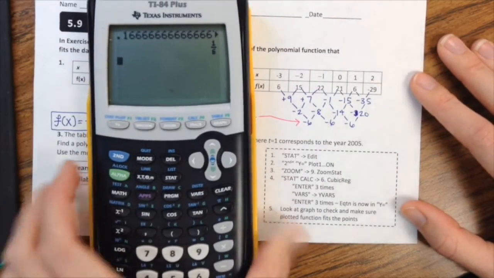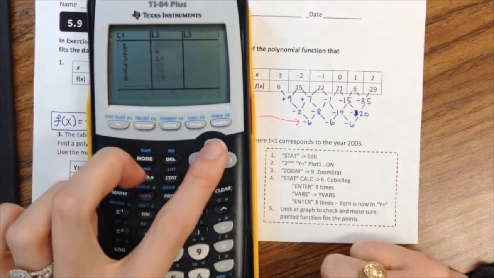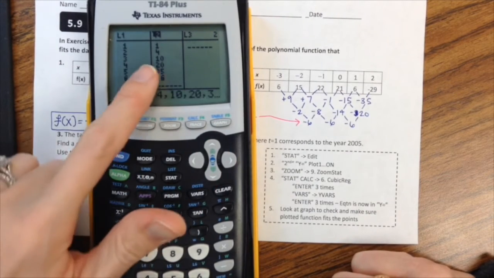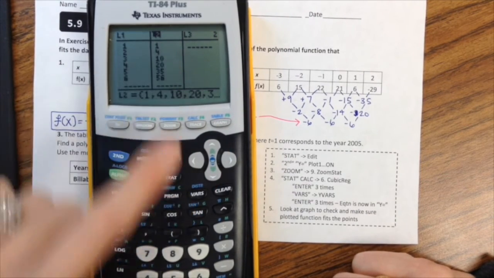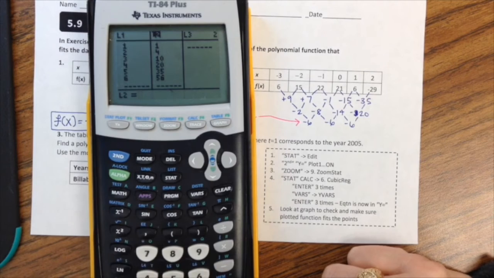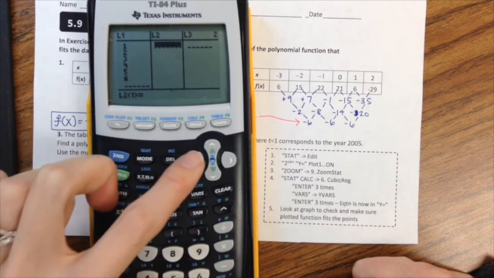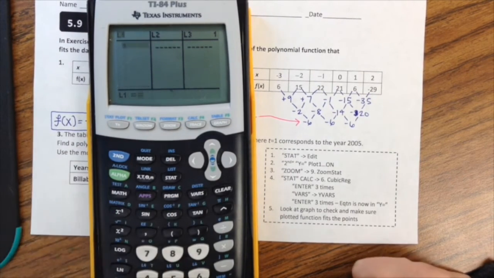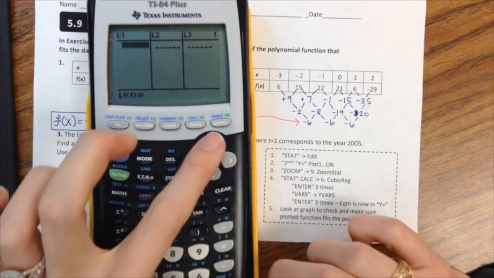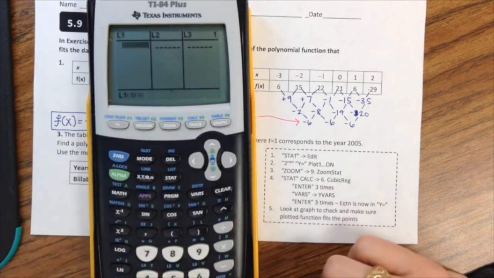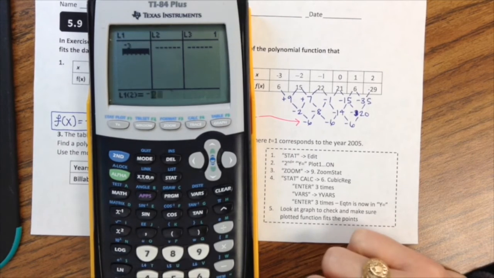So, go back to your calculator, stat edit. If you go up to the name in the calculator and highlight it and press clear and then enter, it will clear out the entire row for you. Don't press delete. Delete will delete the entire column, just clear. Type your X's in L1, your Y's in L2.